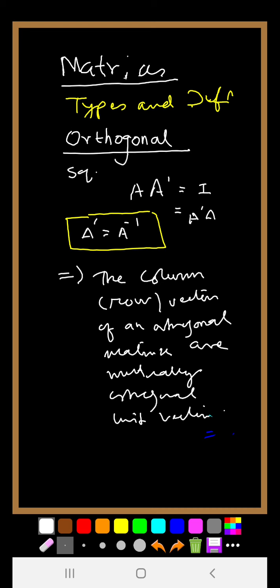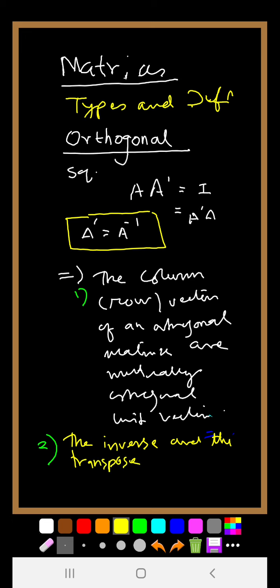The second point is that the inverse and the transpose of an orthogonal matrix are orthogonal. This we have already seen here.